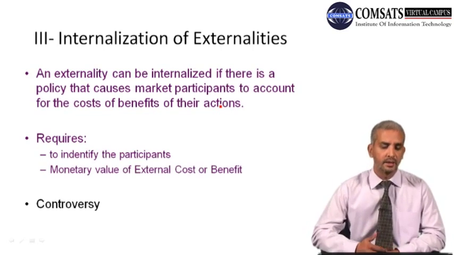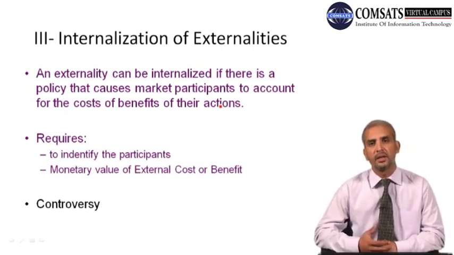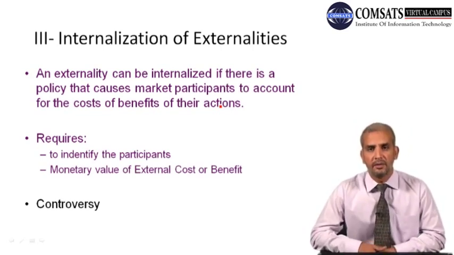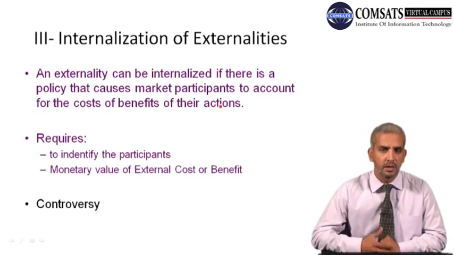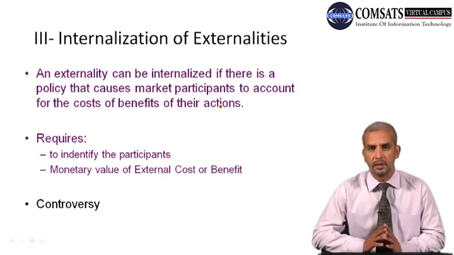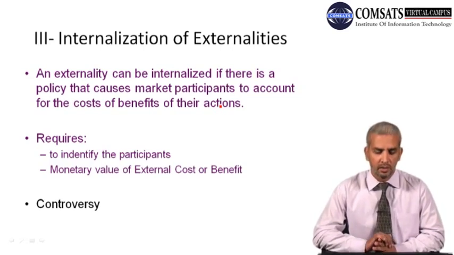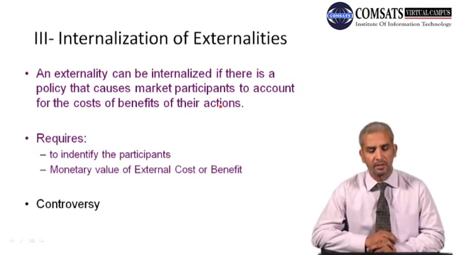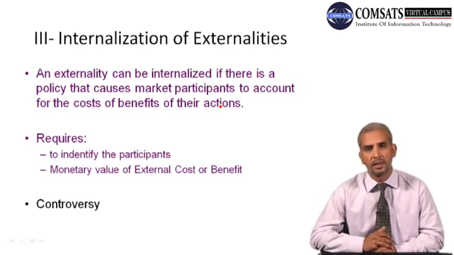Now, in that case, the requirement would be to identify the market participants. Identification of market participants is not always that simple. It would be to identify the first, second party, third party, or whatever number of parties are involved. And the second requirement would be to assign a monetary value to the external cost or benefit.